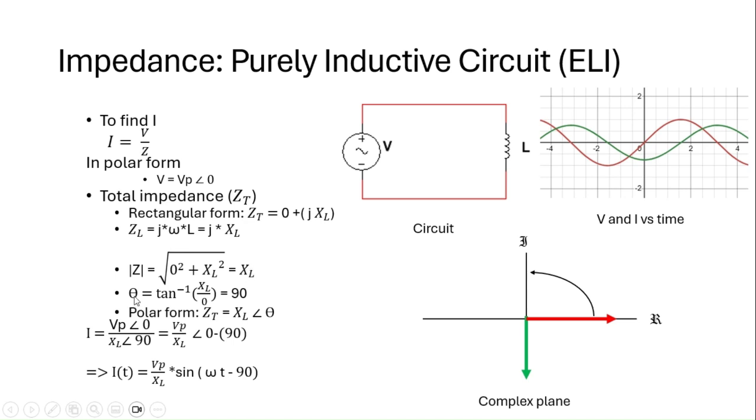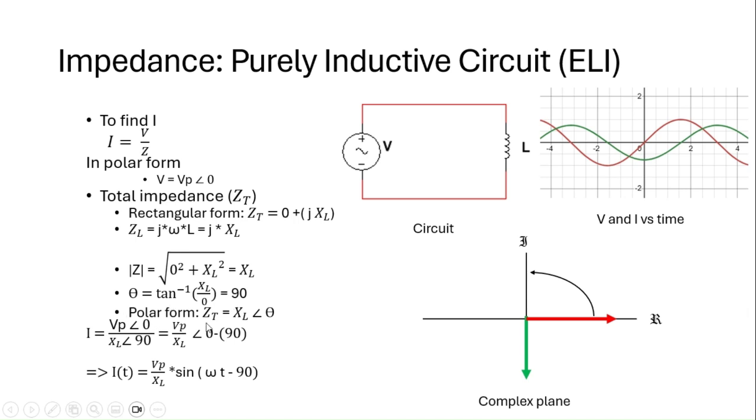Finding the angle, because we're turning this into polar form, the imaginary term goes on top, which is the y, the real term goes on the bottom, which is the x. And so we end up here with 90 degrees, okay?